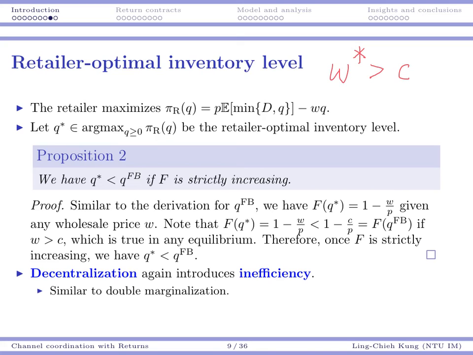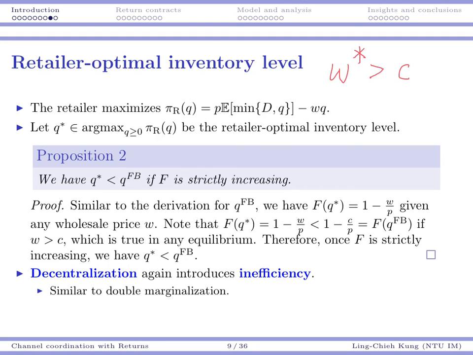So, from the system's perspective, from the channel's perspective, the ordering quantity is lower than the efficient level. Fewer consumers in expectation can get the product, and less money is earned by the channel in equilibrium, or in expectation.